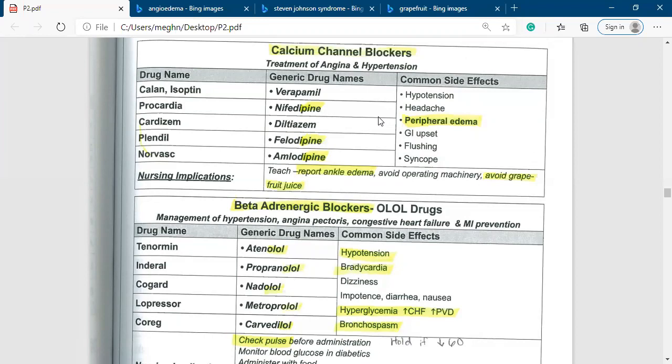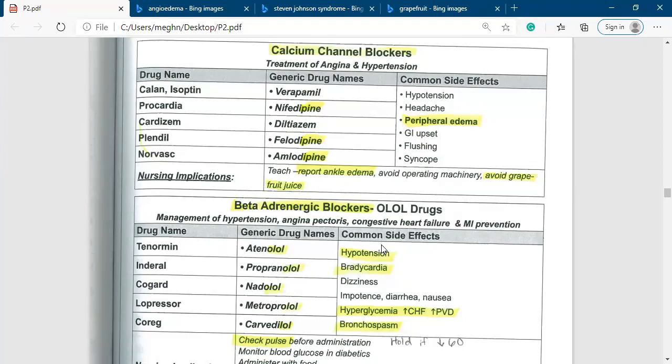now the side effects are important. For the calcium channel blocker, the effect is they decrease the blood pressure, they decrease the pulse, but increase the contractility of the heart. Same as beta blocker, they decrease the blood pressure, decrease the pulse, okay, but increase the contractility.